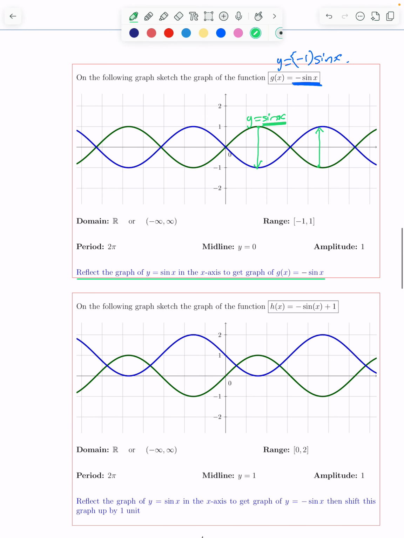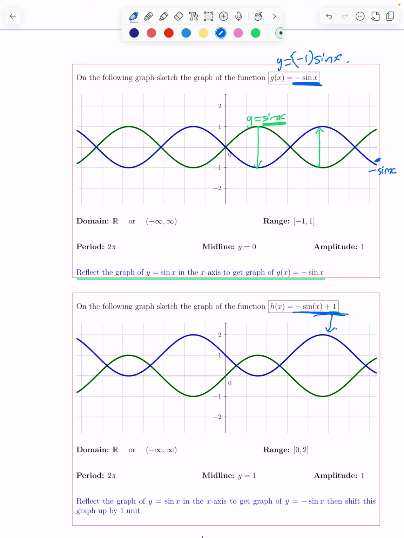And then if you combined that with another move, so you reflected sine x and then you added 1 to it, this will be in blue below, you take the blue curve from above here, minus sine x, and you add 1 to it, so it moves it upwards by 1 unit, so you end up with the blue curve below here.